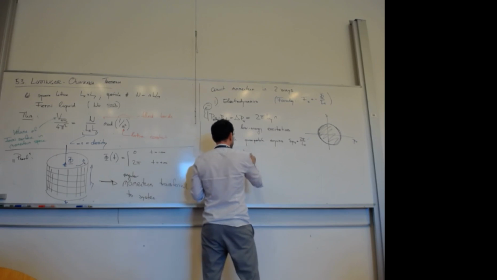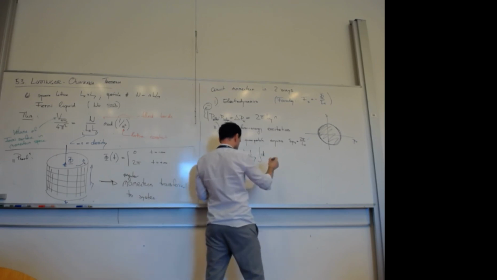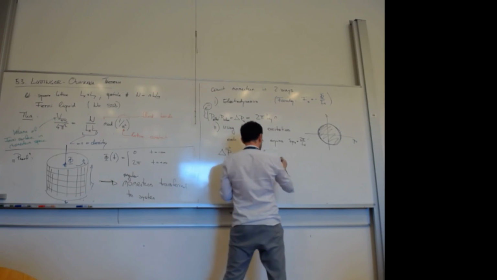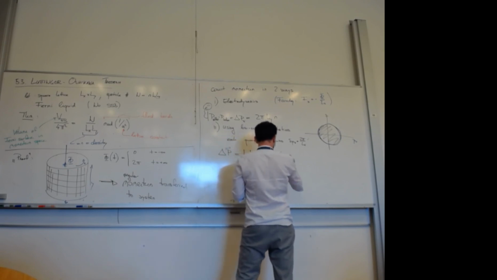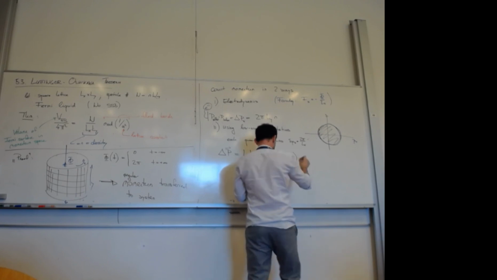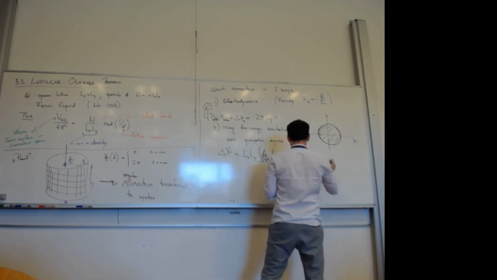This is going to be in total the sum of all momenta, which I write as an integral and multiply with the volume of the system, n of p minus delta p minus n of p, times p.